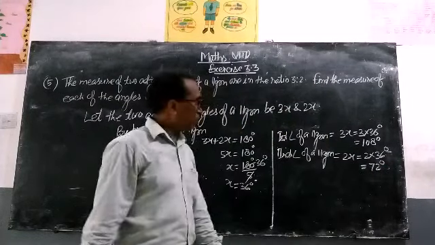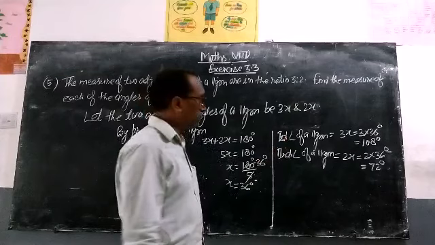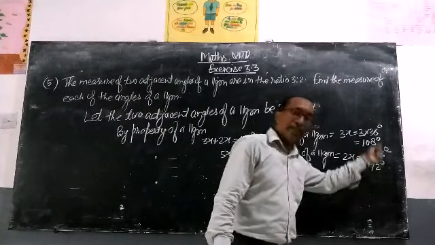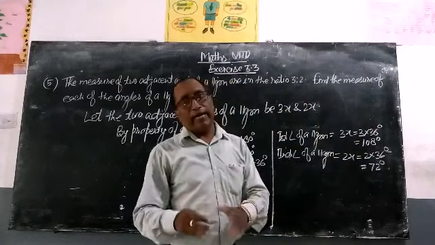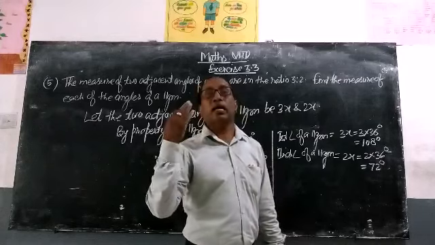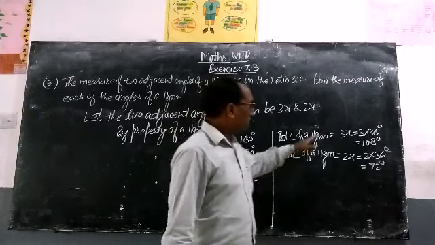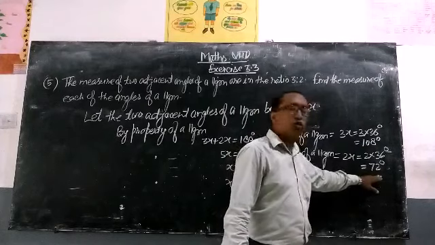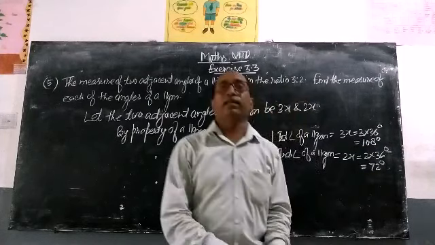Means adjacent angles of a parallelogram are 108 degrees and 72 degrees. If you want to find the other angles of the parallelogram, then opposite angles are equal. Then the third angle is equal to 108 degrees and the fourth angle is equal to 72 degrees.